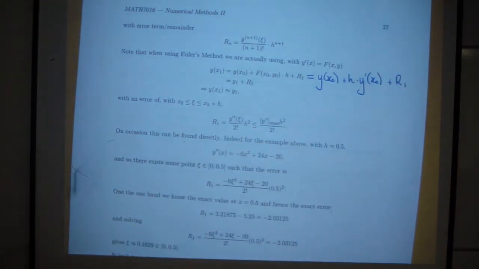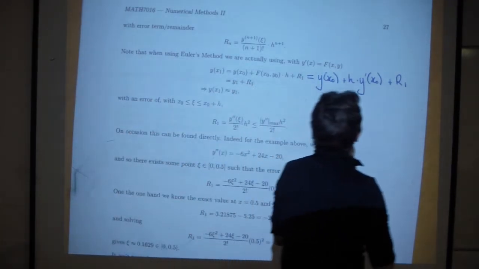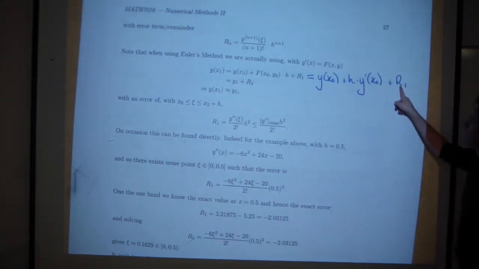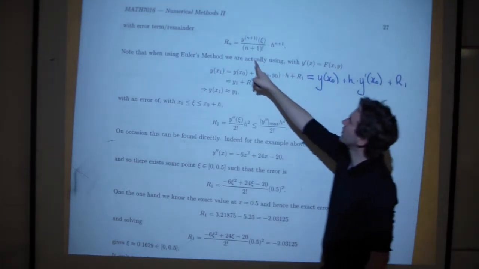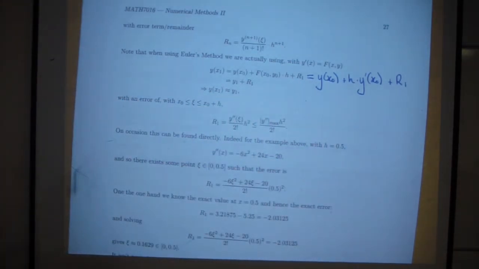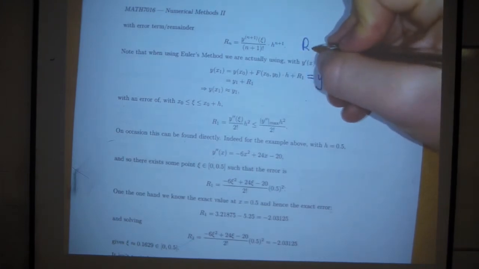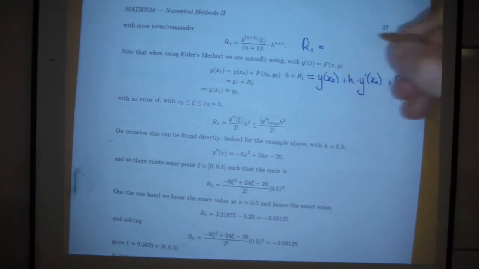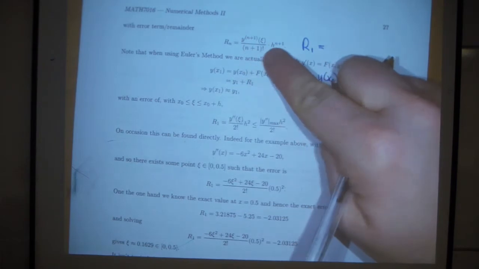And if you look at the previous page, this is the really important part: R_n is order h to the power of n plus 1. This is the whole thing. R1 is equal to some multiple, I don't care what it is, of h squared.